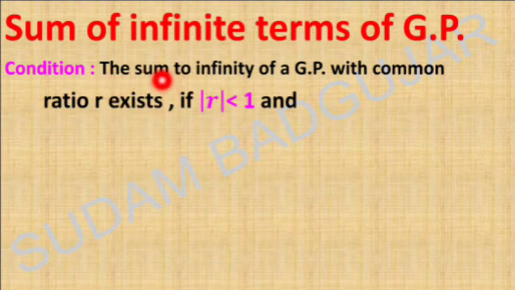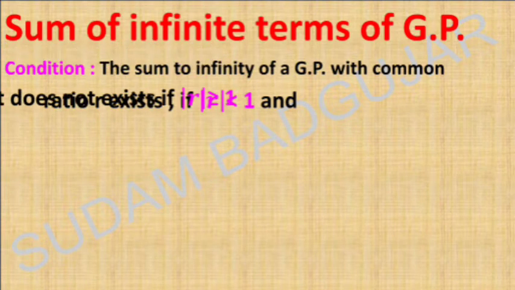if the absolute value or modulus of R is less than 1. That means the sum to infinity of GP exists if the absolute value of the common ratio is smaller than 1, and then we can easily find its sum.